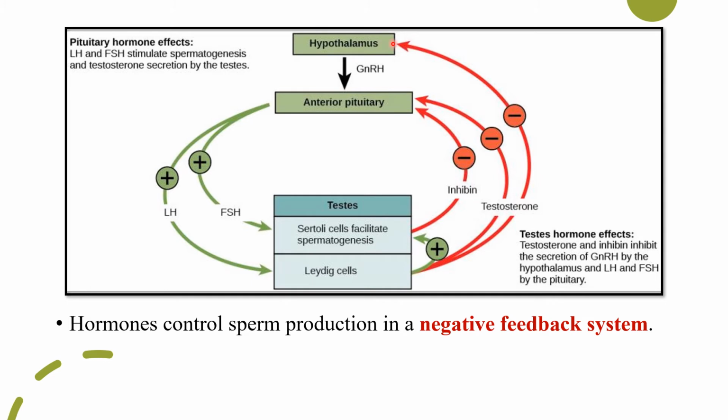So for the testis hormone effects, testosterone and inhibin inhibit the secretion of GnRH by the hypothalamus and LH and FSH by the pituitary. That's how the cycle of sperm production is regulated by your different hormones.